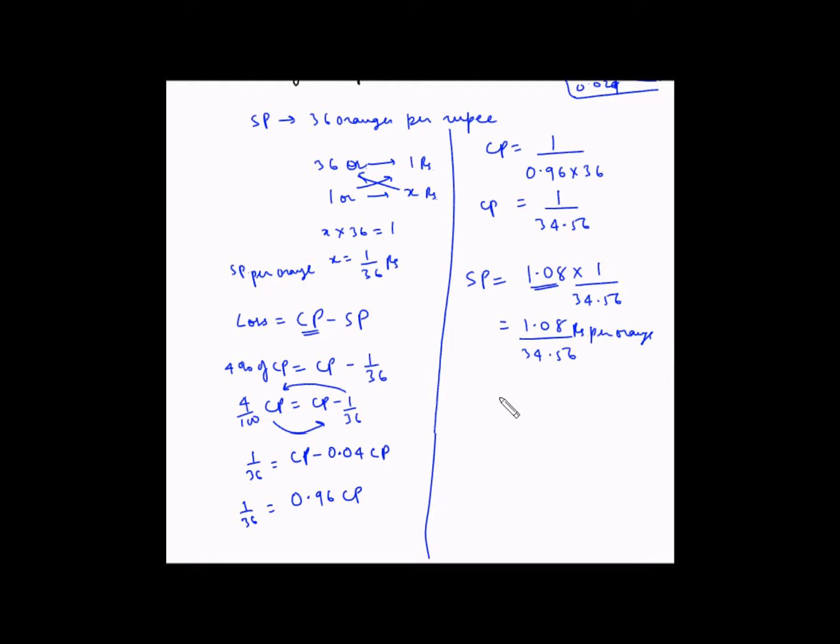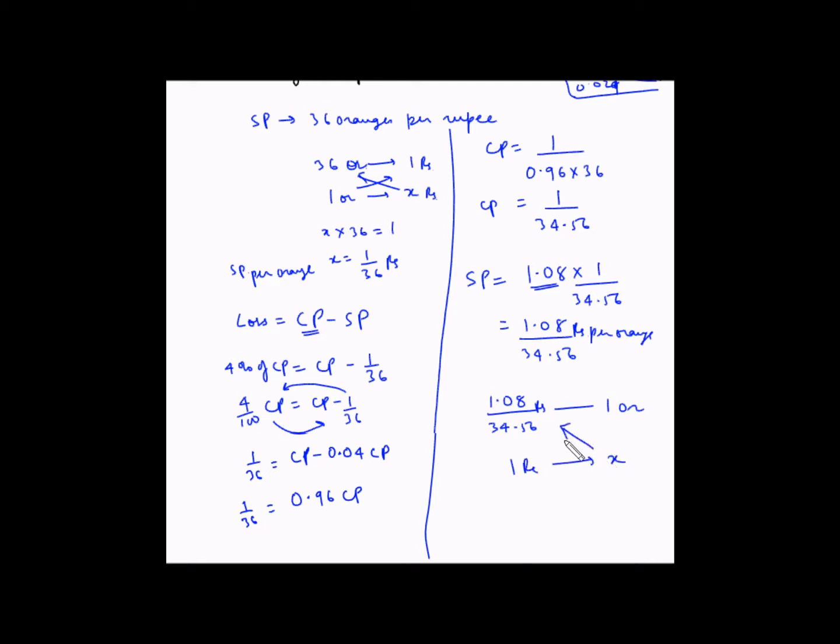Now we want to find out the selling price per rupee. So in the sense we want to find out how many oranges should he be selling per rupee to make a profit of 8%. So let's find that out. So the price is 1.08 divided by 34.56 for one orange. So for 1 rupee, how many oranges?